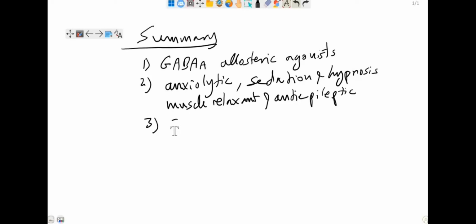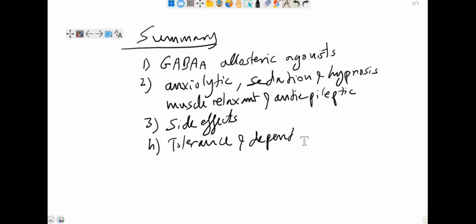We spoke about the side effects of the benzodiazepines, and we said that these side effects are an extension of the pharmacological action. We said that they can produce tolerance and dependence. This dependence usually is physical in nature and dangerous in case of taking the benzodiazepines in high doses for a long period of time.